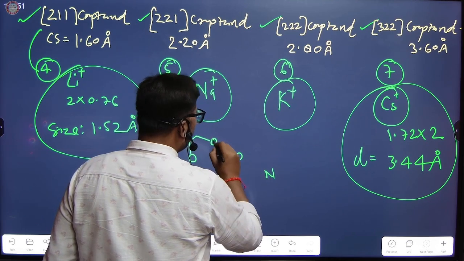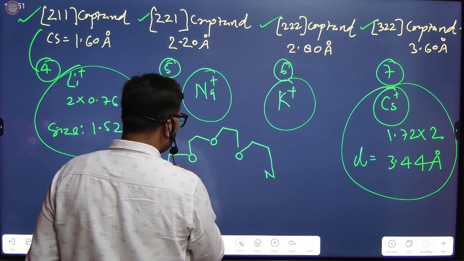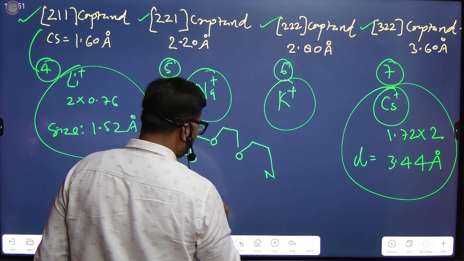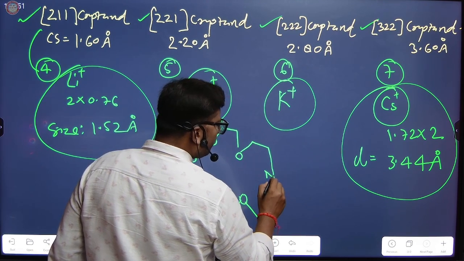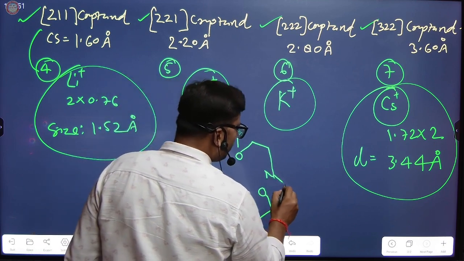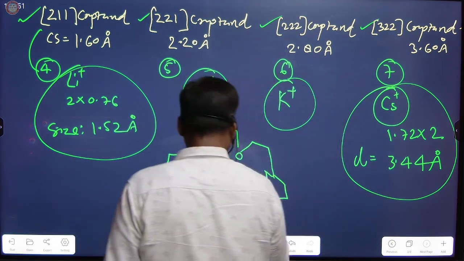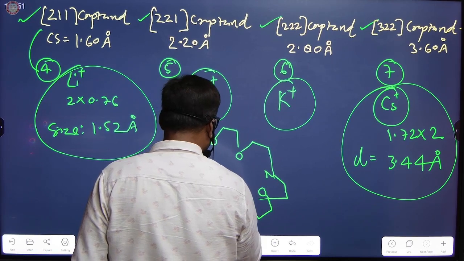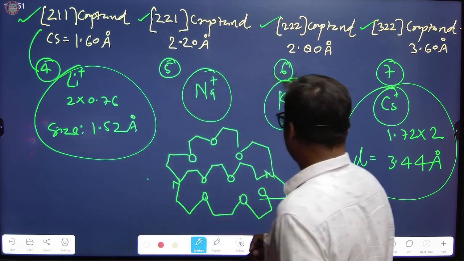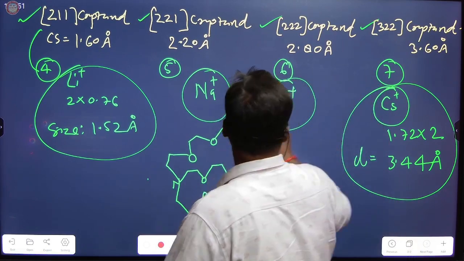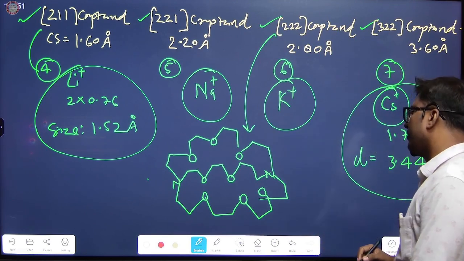So this is your 222. So this is the structure, right? 222 cryptand.